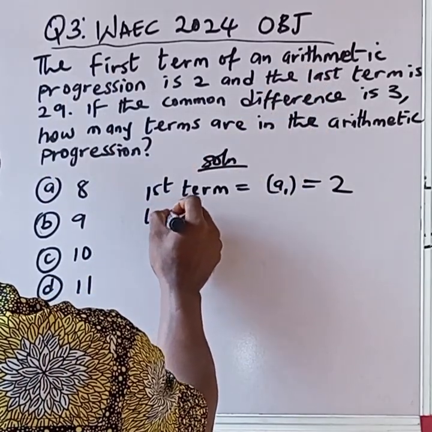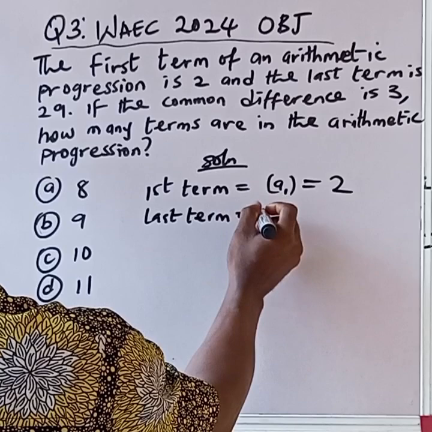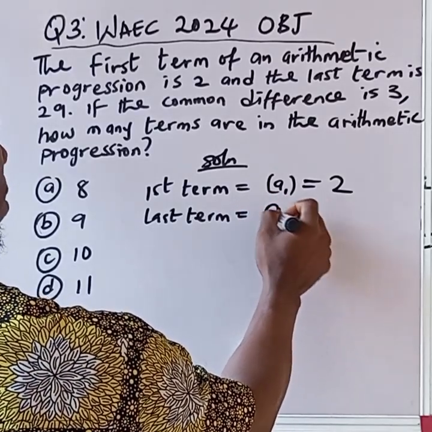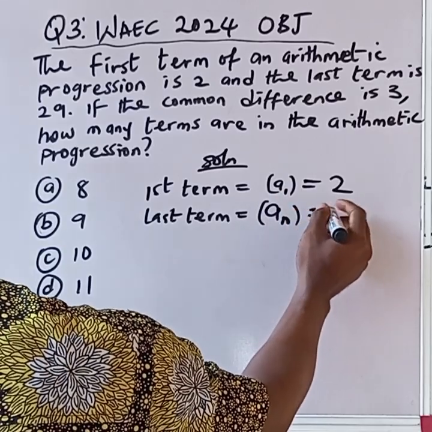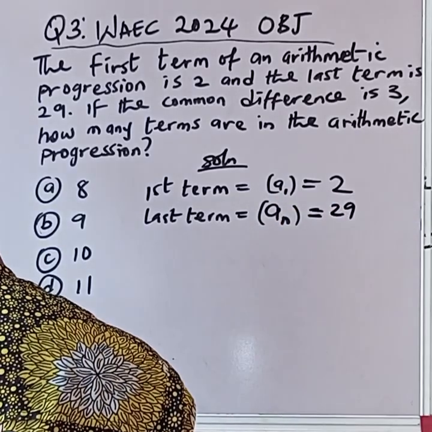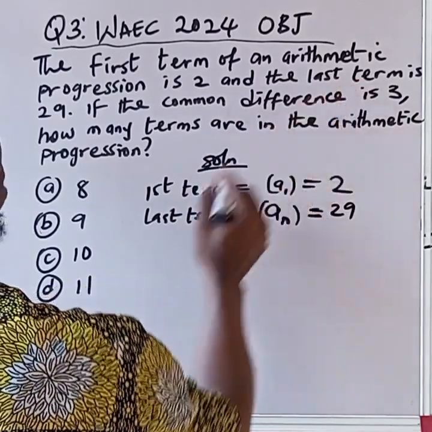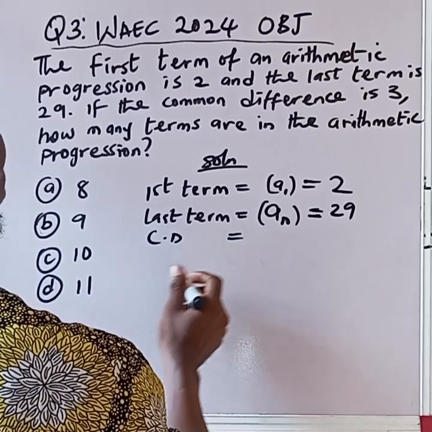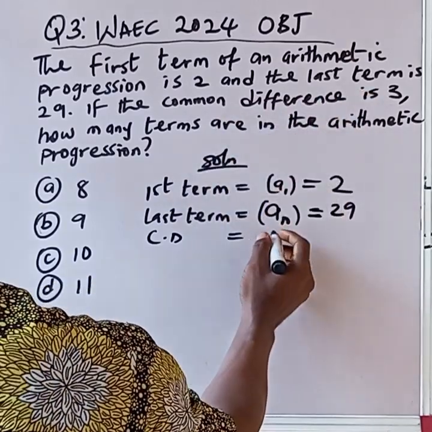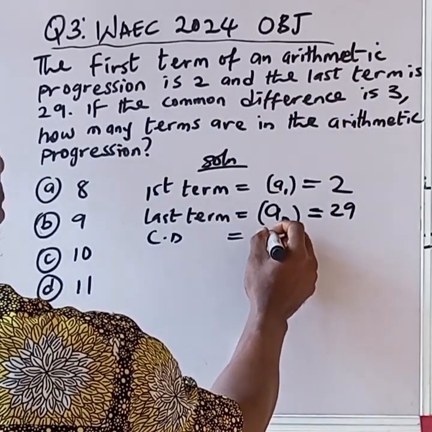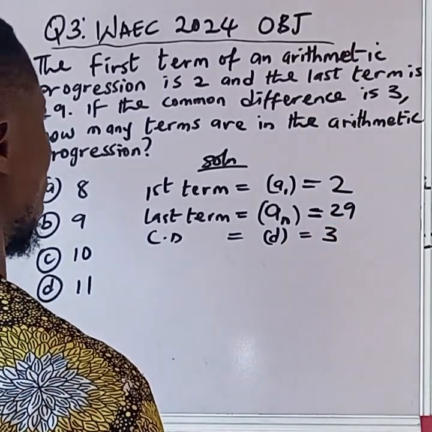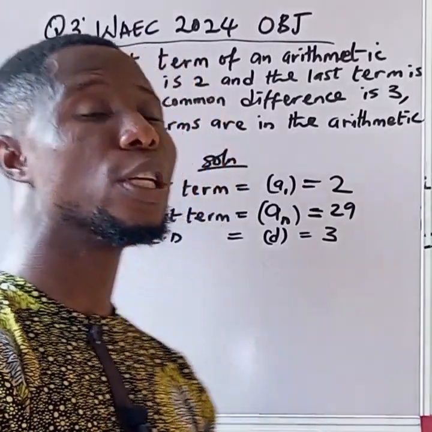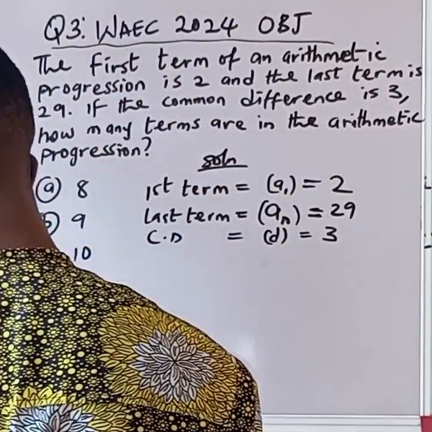The last term is An, which equals 29. The common difference is D, which equals 3.